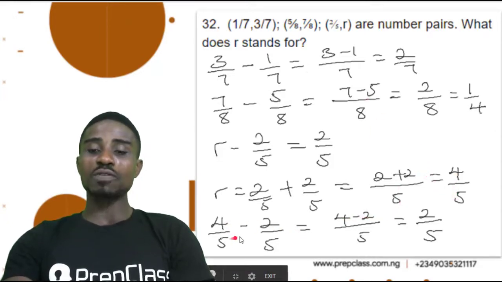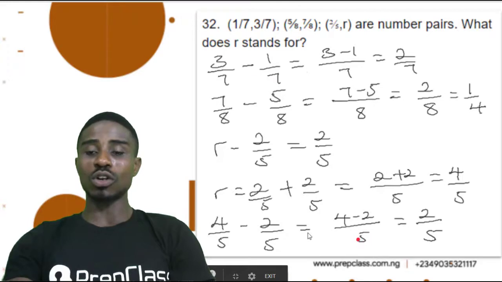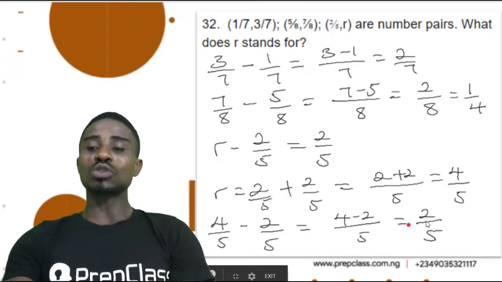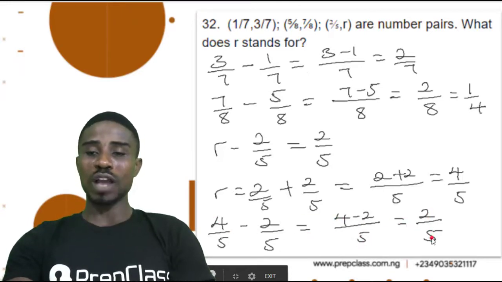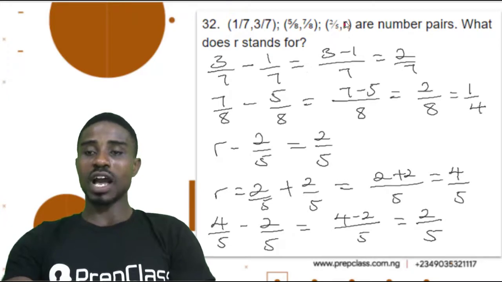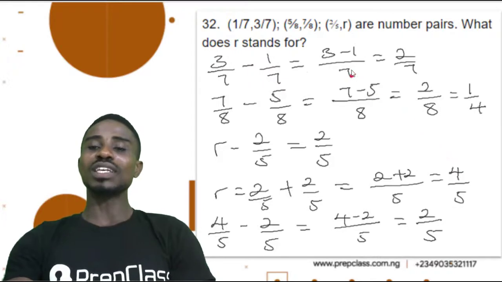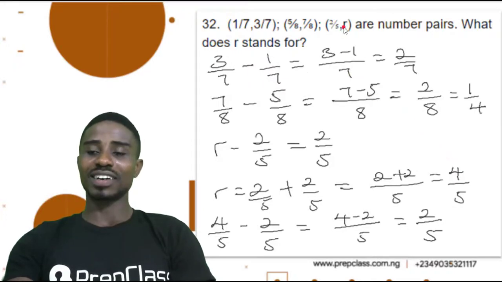So 4 over 5 minus 2 over 5, we find the LCM of 5, which is the common denominator. So we subtract the numerators, which will give us 2 over 5. So if we agree that R is 4 over 5, we have 2 over 5 and 4 over 5. The difference of the numerators is 2 over the common denominator, which is 5. So you agree with me, 4 over 5 would be the value for R.